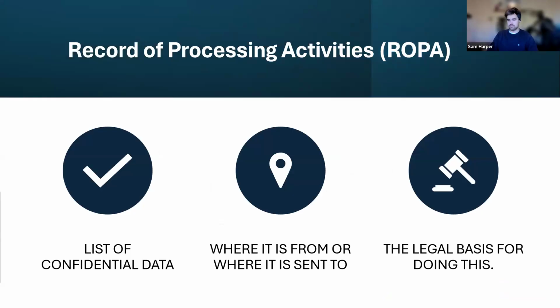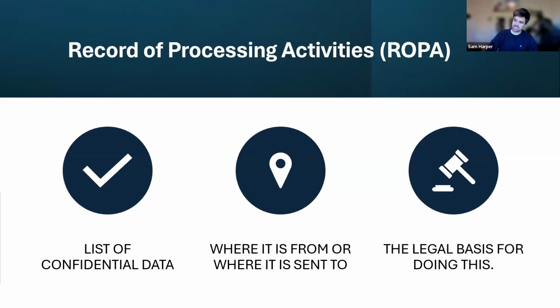Processing information means information that comes into your organization or information that goes out of your organization. Let's think of a really simple one here, an email. You might receive an email into your organization with personal data, or you might send an email out of your organization to a third party with personal data. That's information coming in and that's information going out.